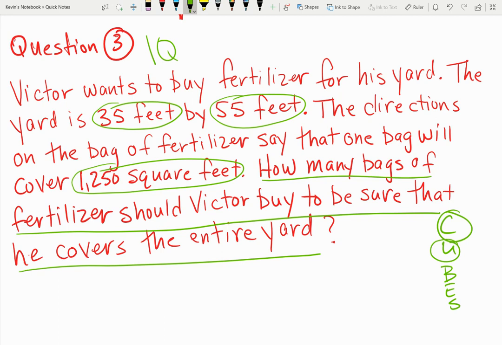Okay, again, going back to math practice 4, we're going to draw and get our visuals. So remember, his yard is 35 by 55 feet. If it helps, draw your square out, 35 by 55 feet, and keep in mind, one bag will cover 1,250 square feet.